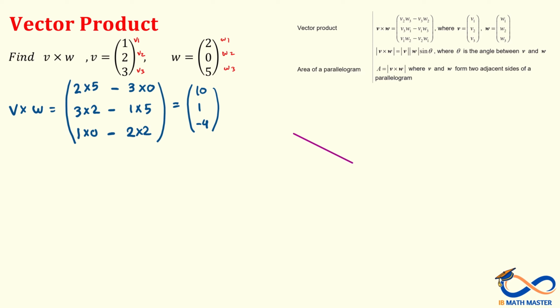Picture it like this in 3D space. Here we have the original vectors v and w like this in the space. The vector product that we did will be perpendicular to both vectors w and v. So it will be perpendicular to the plane that contains them.